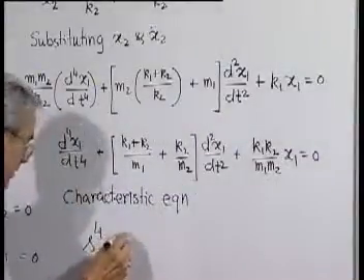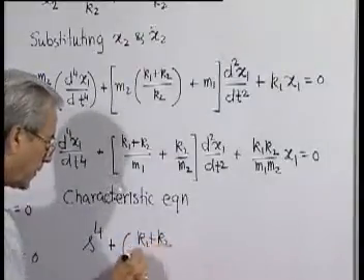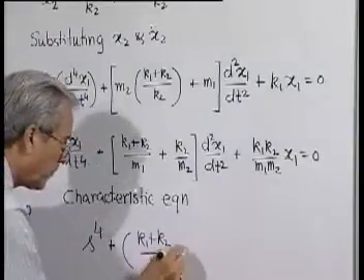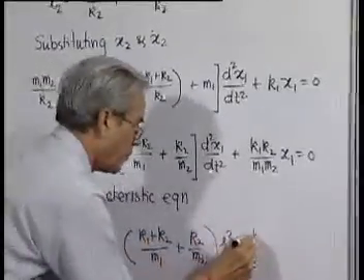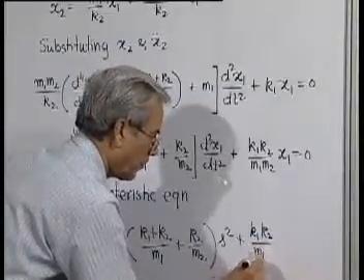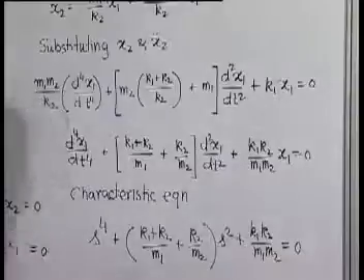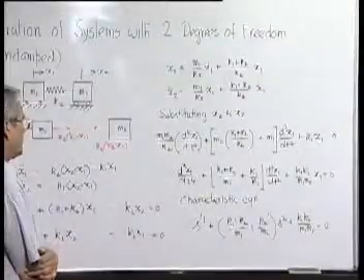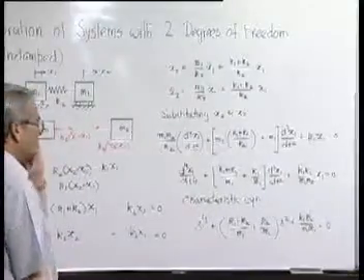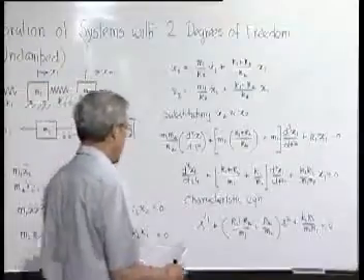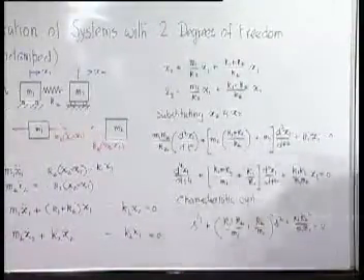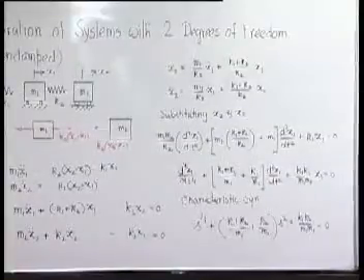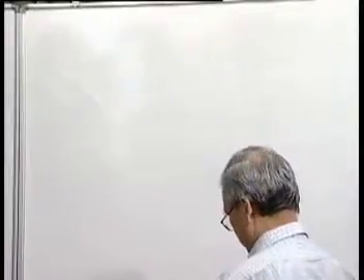So if we take the solution of e to the power st form, the characteristic equation will become s to the power 4 plus, and the solution to this will provide the two omega square values and those two will be the two natural frequencies.